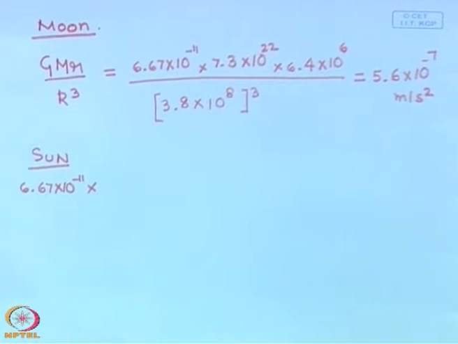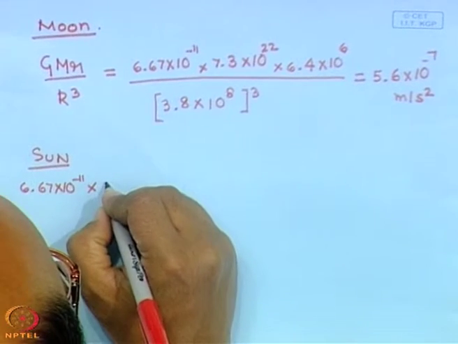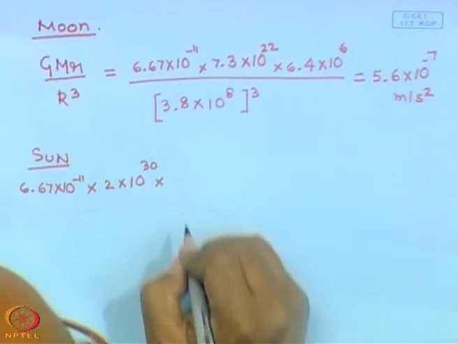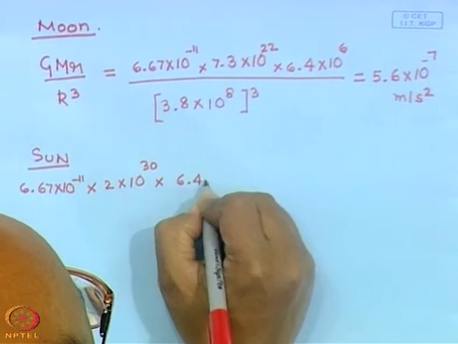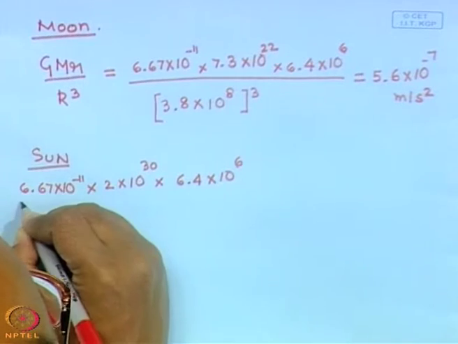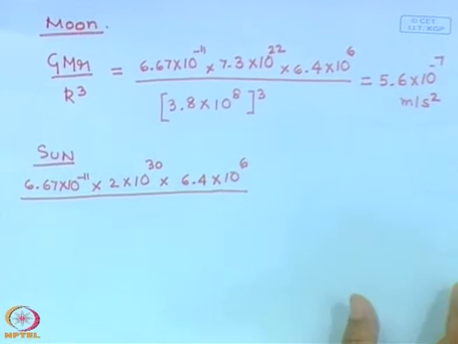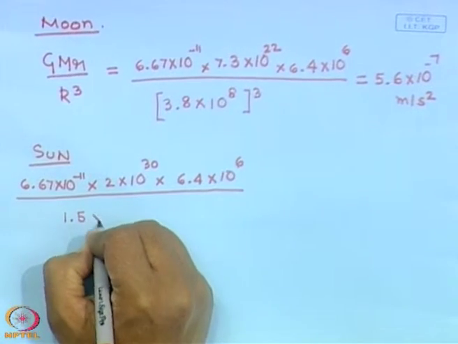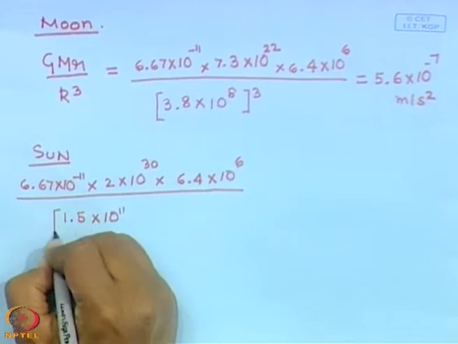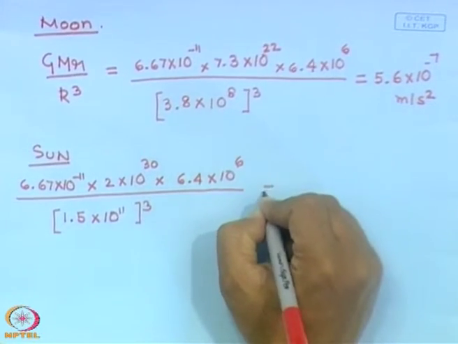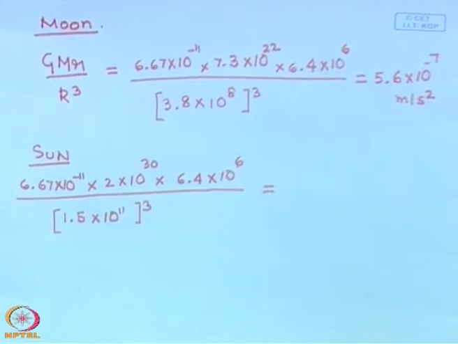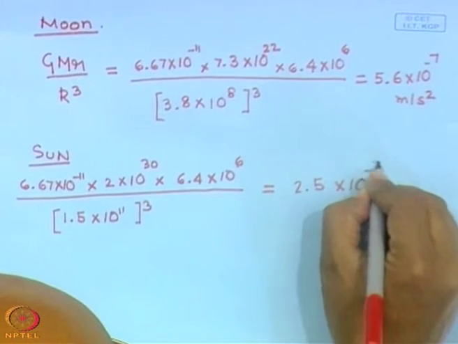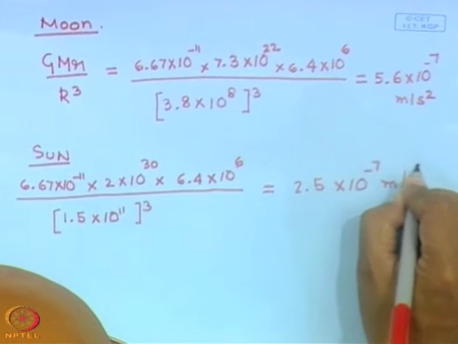We have seen the mass of the sun, it is 2 into 10 to the power 30 kgs into again the radius of the earth, 6.4 into 10 to the power 6 meters, divided by the cube of the earth sun distance, one astronomical unit, which is 1.5 into 10 to the power 11 meters. So, this cubed, and what you get is 2.5 into 10 to the power minus 7 meters per second square.